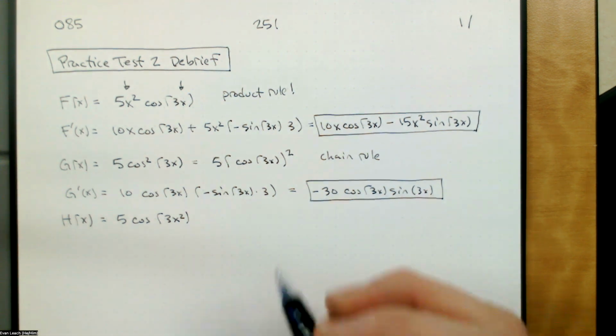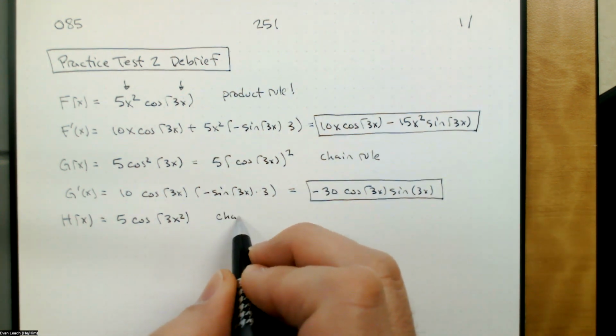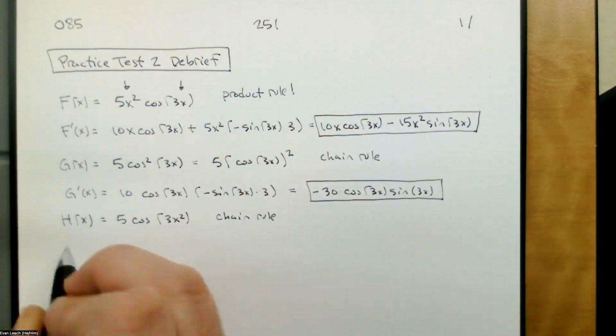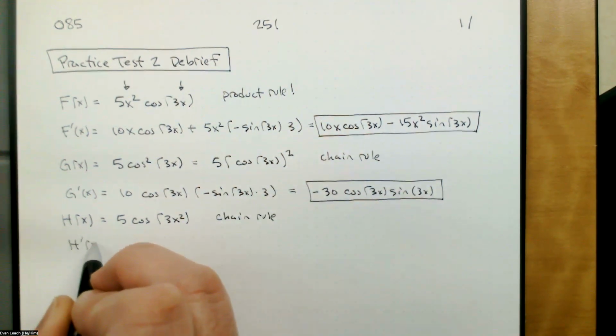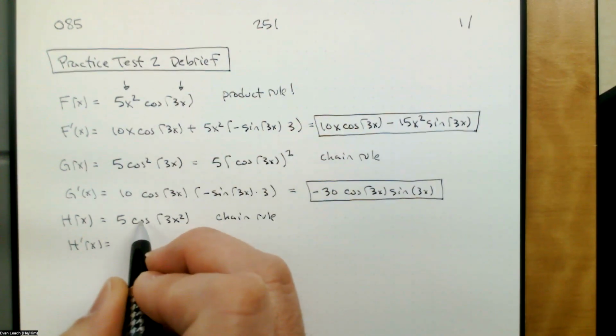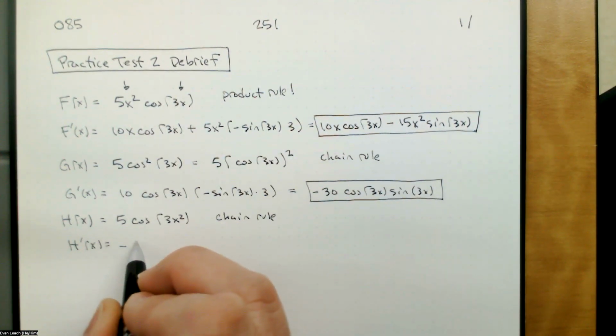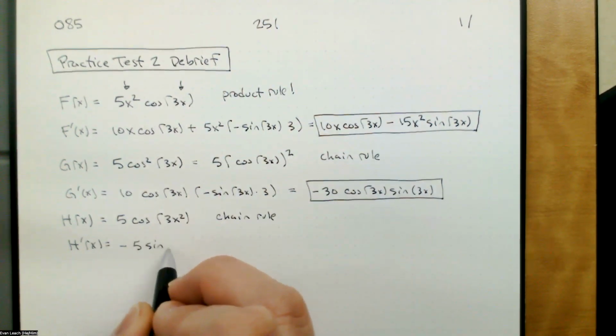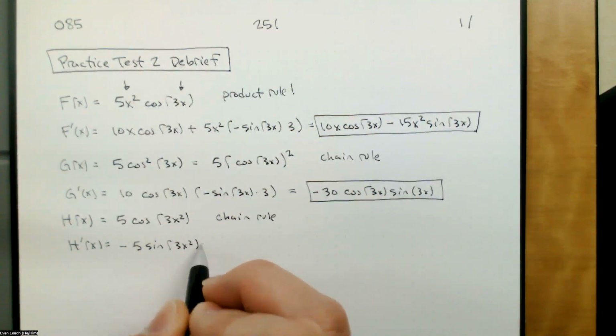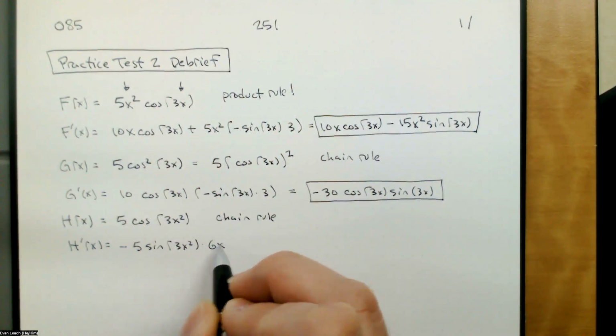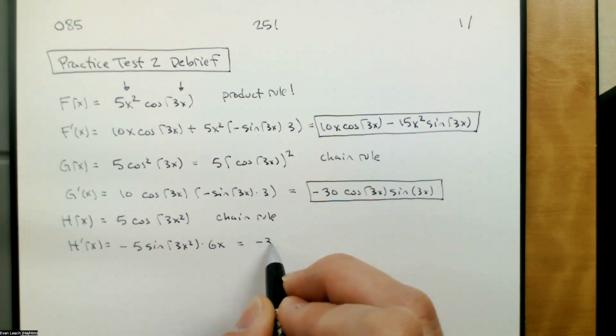So this is just another chain rule problem. The derivative of cosine of a thing is minus sine of that thing times the derivative of that thing.